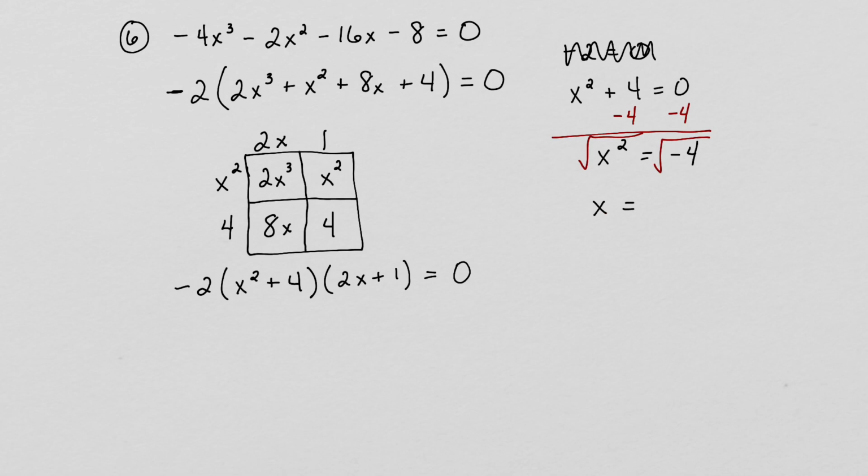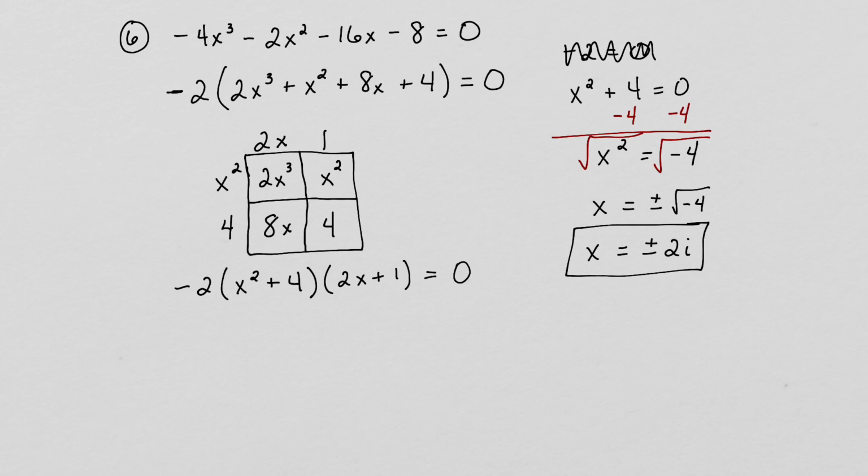Now we will have x equals the positive and negative square root of negative 4. The negative becomes the letter i. The square root of 4 becomes a 2. So really, our simplified solution is positive and negative 2i. So since there's a positive and a negative answer there, that's 2 of our 3 solutions.